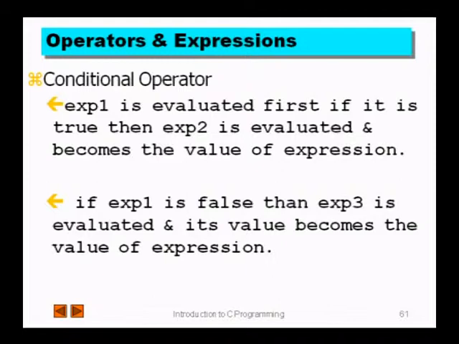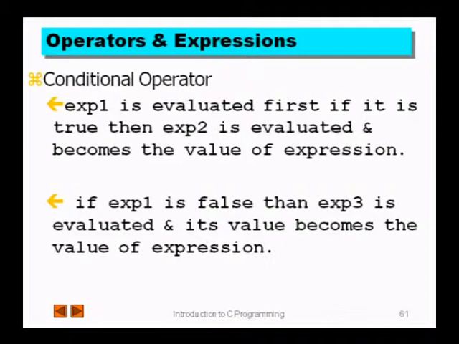If it is true, then expression 2 is evaluated and that becomes the value of the expression.